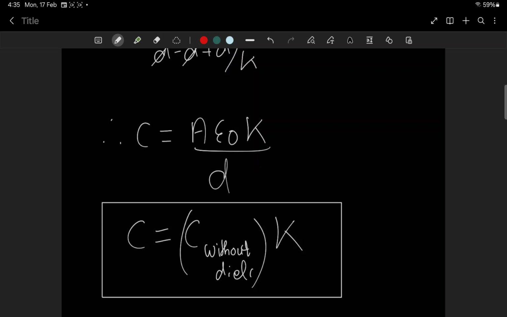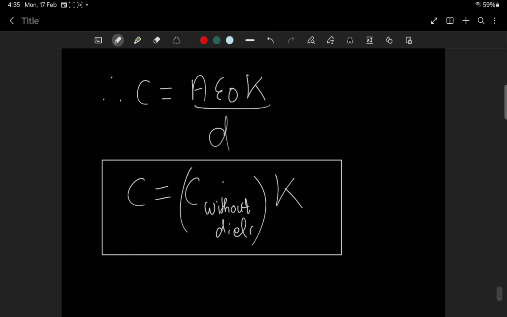As we introduce a dielectric, what happened? Capacitance increases. How can we define a dielectric constant? Dielectric constant of a dielectric material may be defined as the ratio of the capacitance of the capacitor completely filled with that material to the capacitance of the same capacitor with vacuum between it.